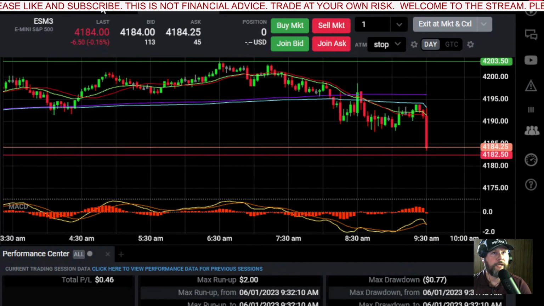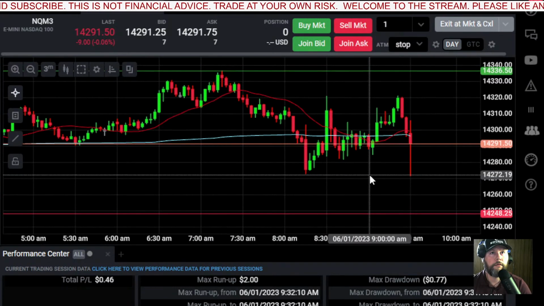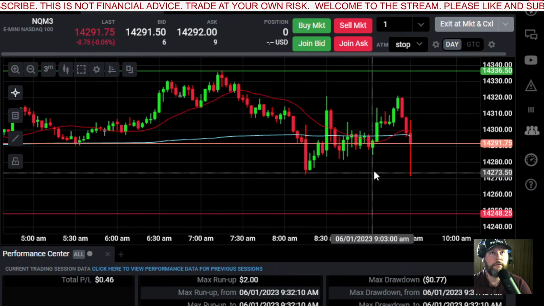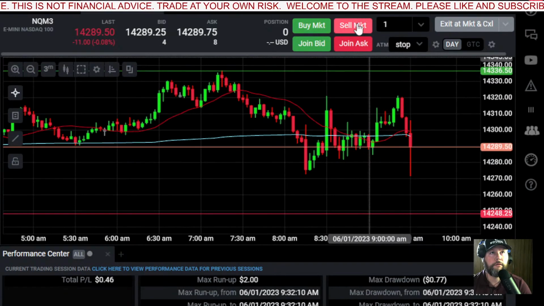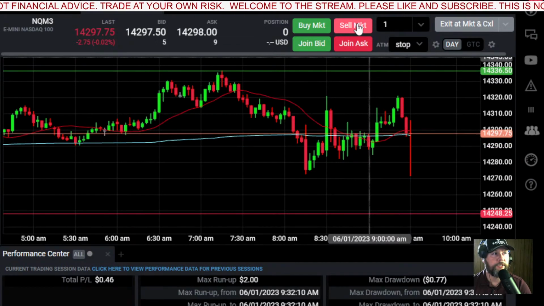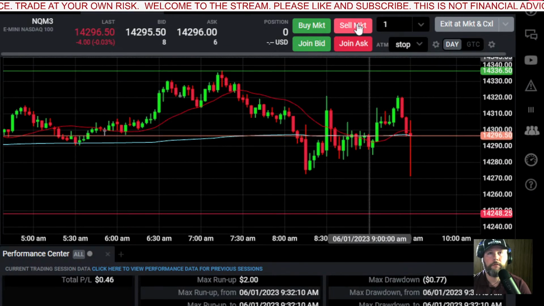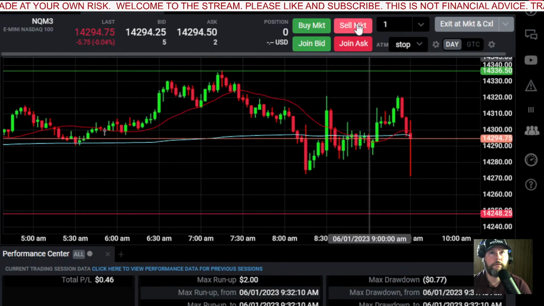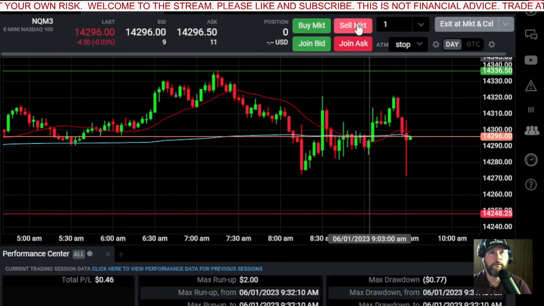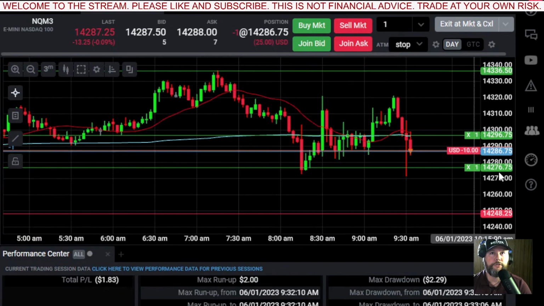It's moving down to the low of day. May enter short here for this bounce off the 300s. Let's see what happens here at the 300 level. All right, now let's go ahead and take this short here.